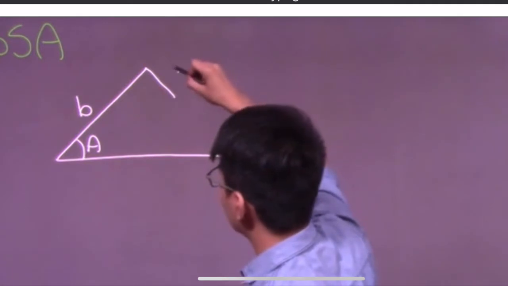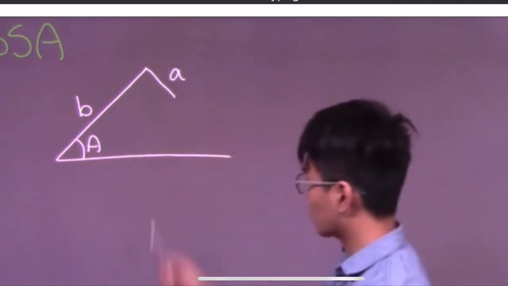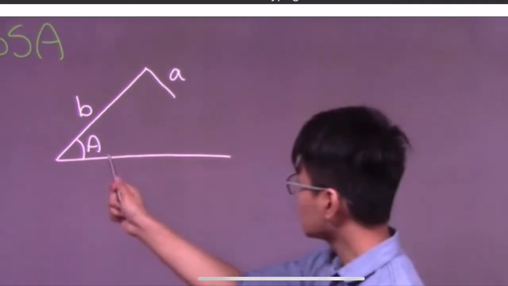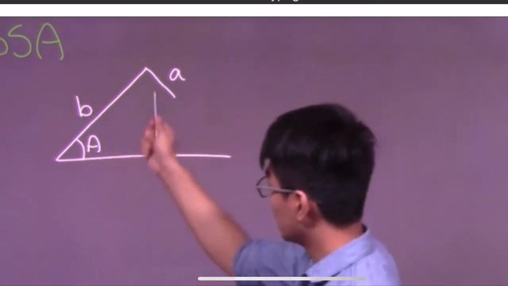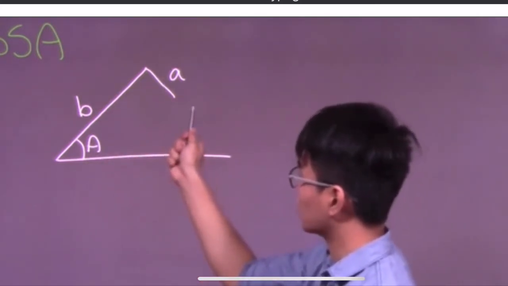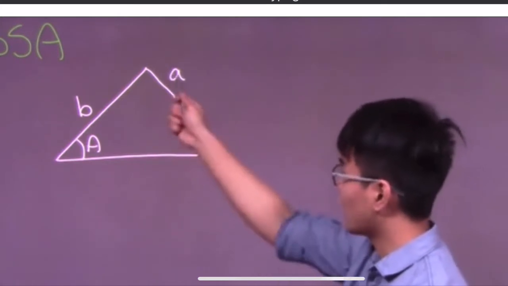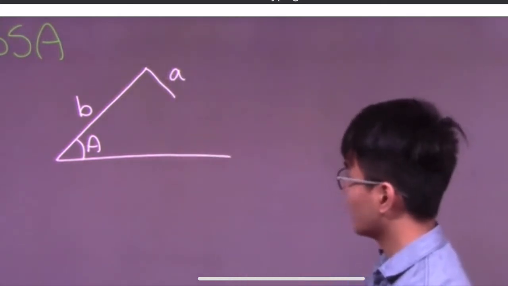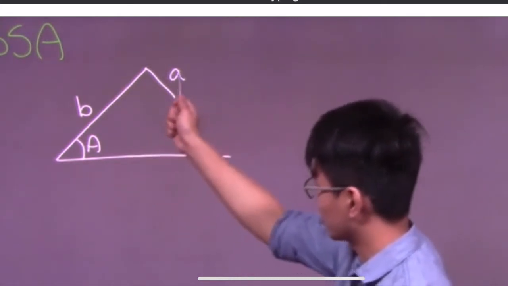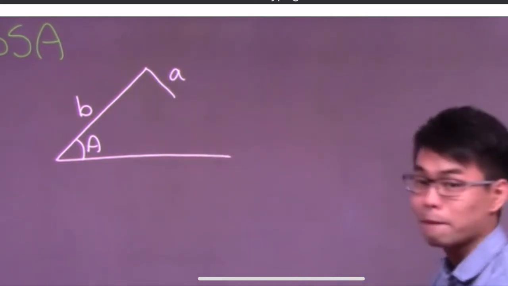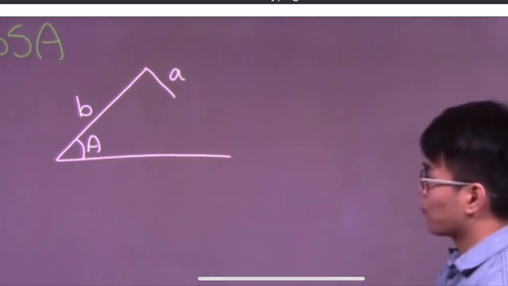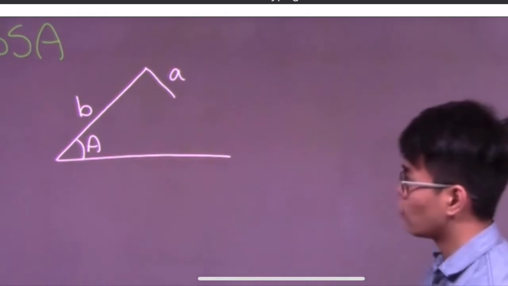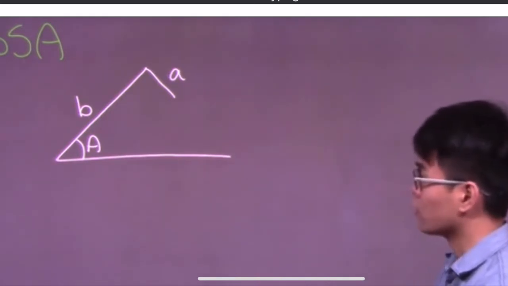We're also given another side across from this angle, and since we have to match the letters, I'm going to label that as lowercase a. These three quantities are something that we can never change within a question.